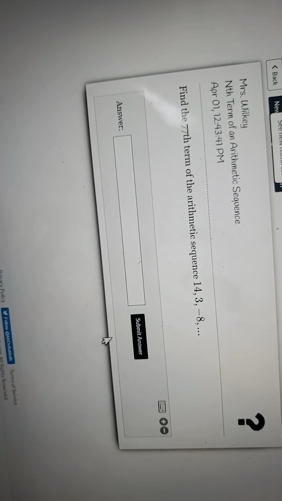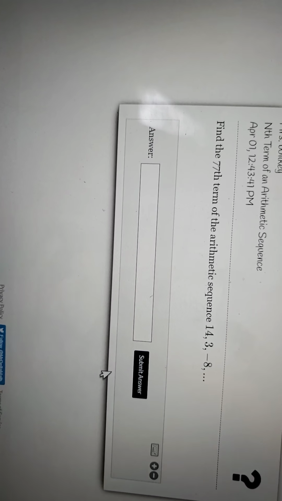All right. Find the 77th term of the arithmetic sequence. Now we're coming to a situation where we're not going to do it by hand. So I'm not going to find A77 by hand. I'm going to have to use the pattern, write the sequence in sequence notation, and then find the 77th term.